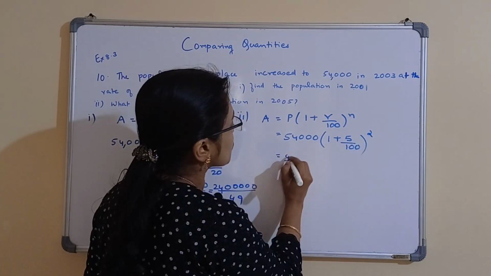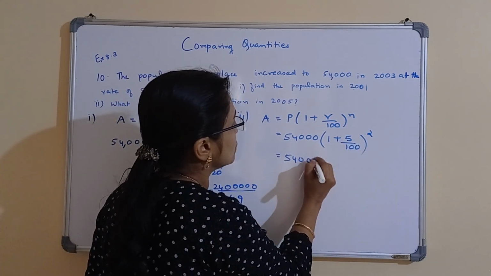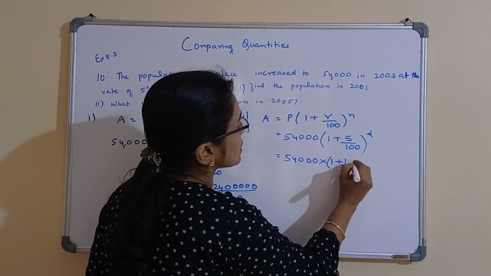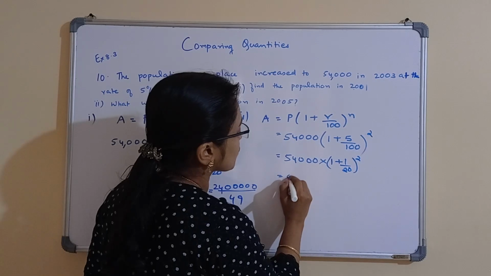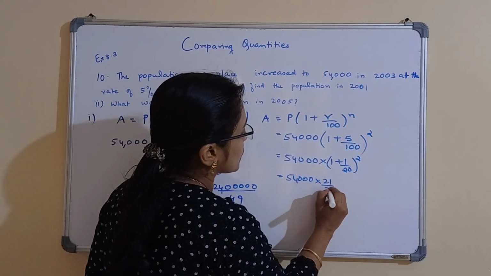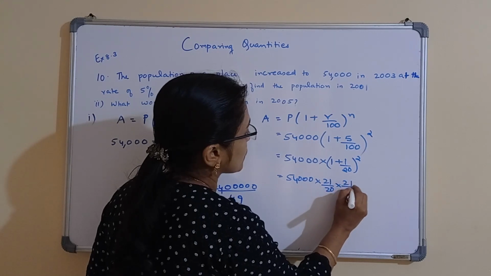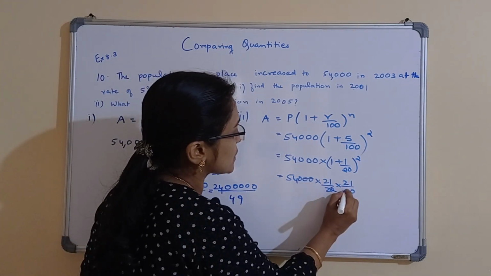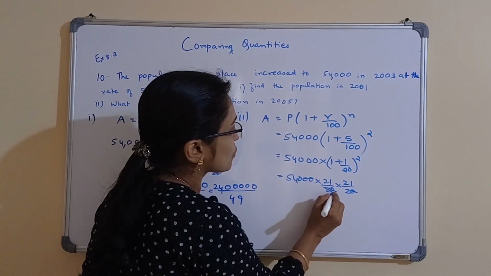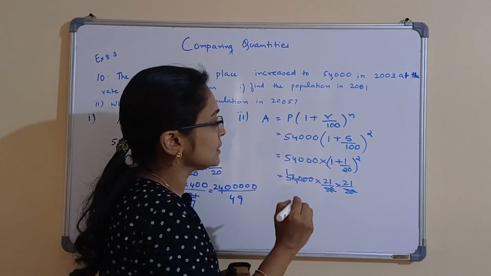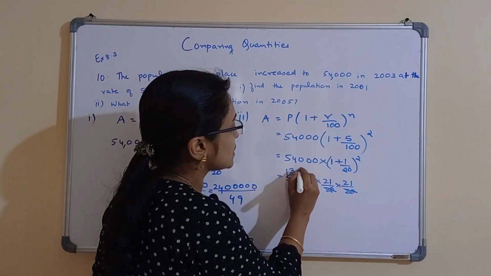So this is equal to 54,000 into 1 plus 1 by 20 whole square, which is 54,000 into 21 by 20 into 21 by 20, and that is equal to, 2 zeros will get cancelled and 4 will go in 540, 1 then 14, 3 then 25.